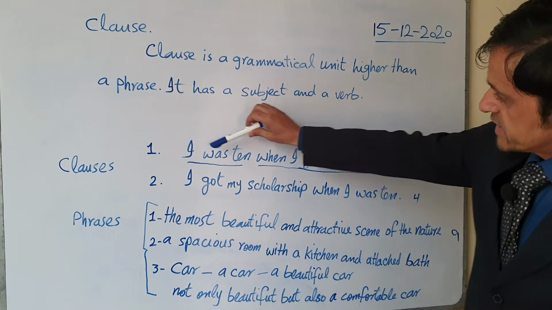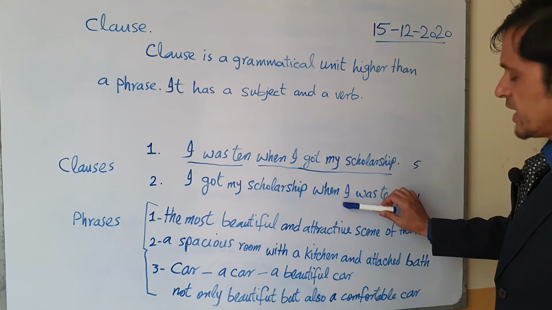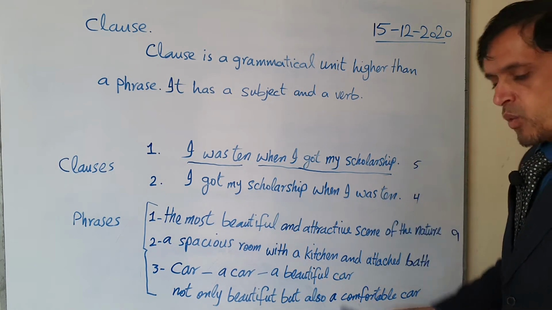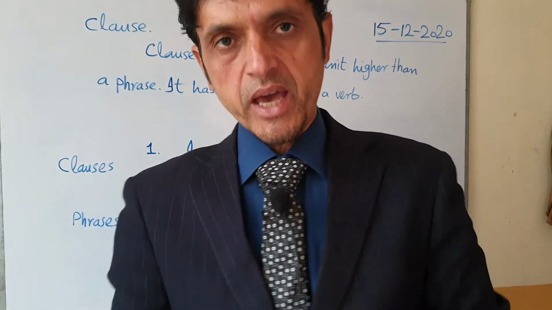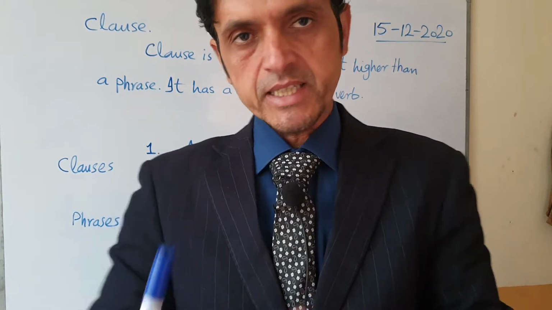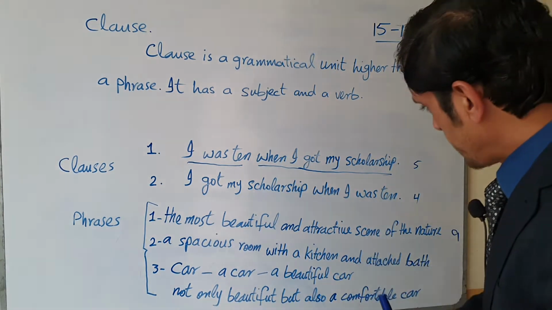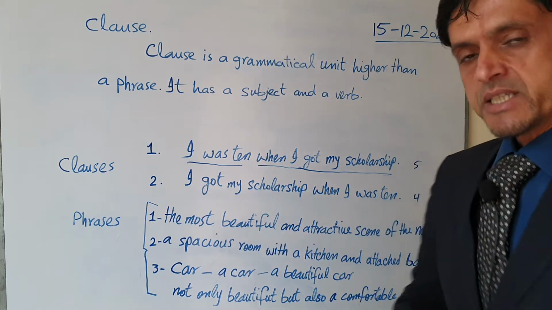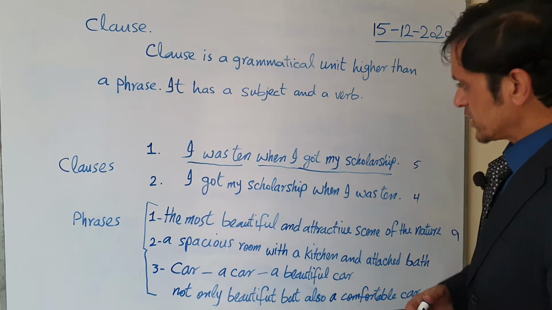So now this independent clause became a dependent clause, because we have used when here. Whenever you find words like when, where, if, what, that, so that, it is usually a dependent clause, and without these words they are independent clauses.